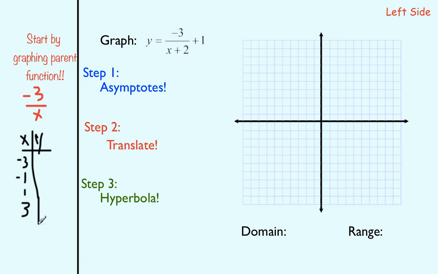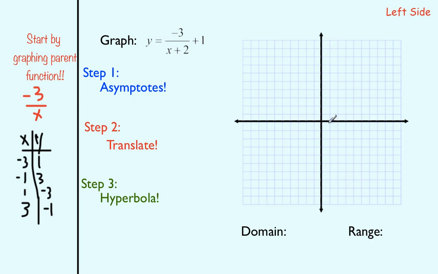I'm just kidding, guys. -3 over -3 is 1. -3 over -1 is +3. -3 over +1 is -3, and -3 over +3 is -1. Remember, you can use 2 if you want to. I just know that halves are a little bit trickier to graph. So that's why I went ahead and put in -3, so I didn't have to deal with that.